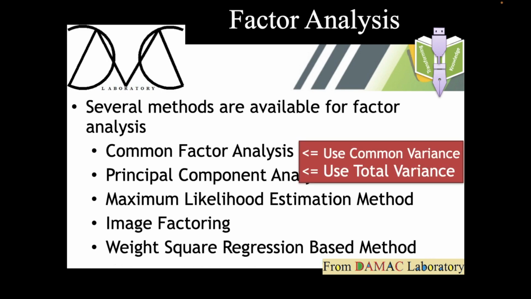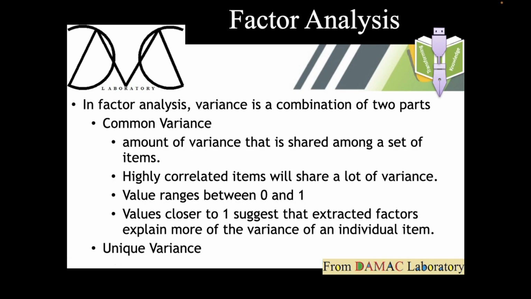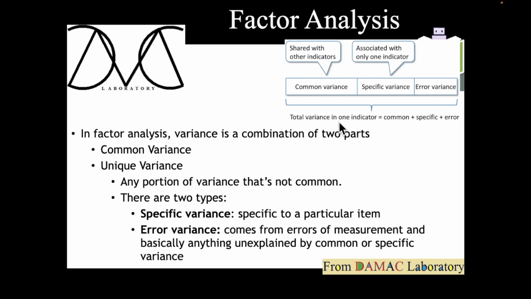Principal component analysis uses the total variance in those variables, but common factor analysis uses the common variance. What does common variance mean? The total variance of a particular variable consists of three different terms: the common variance, the specific variance, and the error variance.